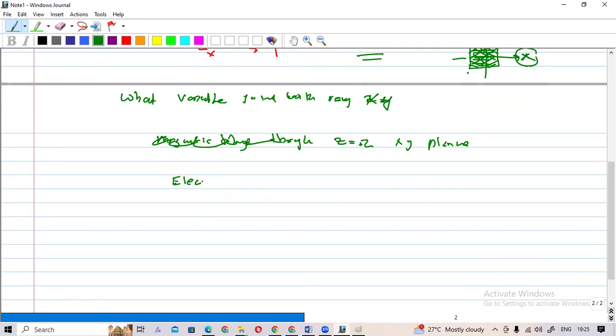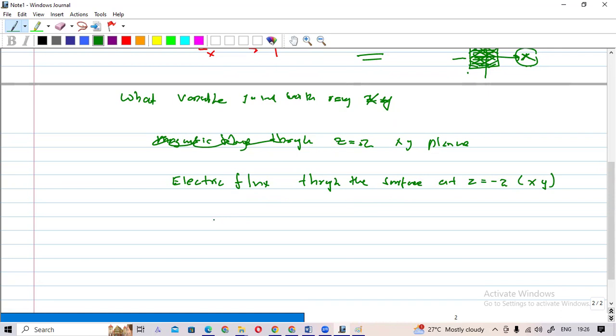You need to find the electric flux to the surface at z equal to +2 and the surface at z equal to -2. This plane is in the XY plane, so you need to find the electric flux.